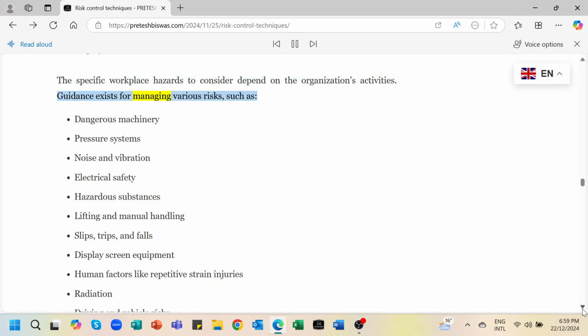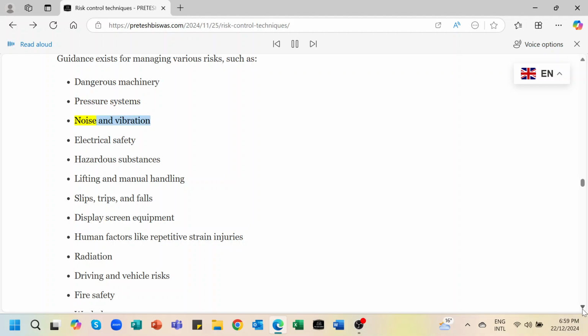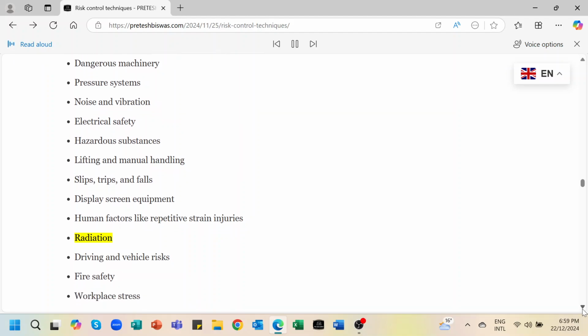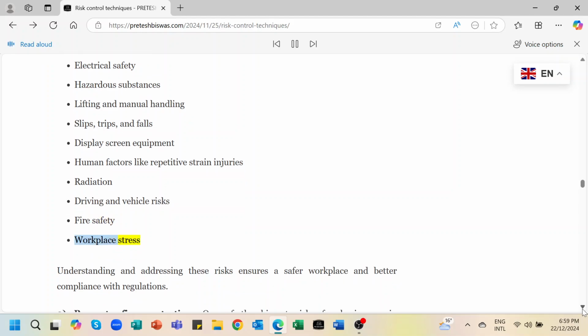Guidance exists for managing various risks such as dangerous machinery, pressure systems, noise and vibration, electrical safety, hazardous substances, lifting and manual handling, slips, trips, and falls, display screen equipment, human factors like repetitive strain injuries, radiation, driving and vehicle risks, fire safety, workplace stress.